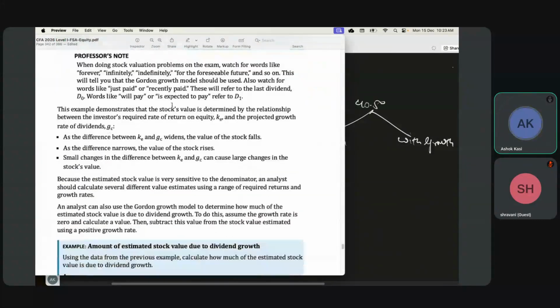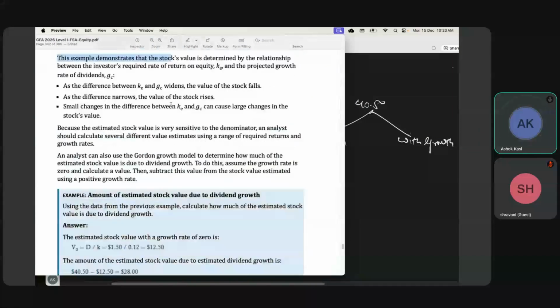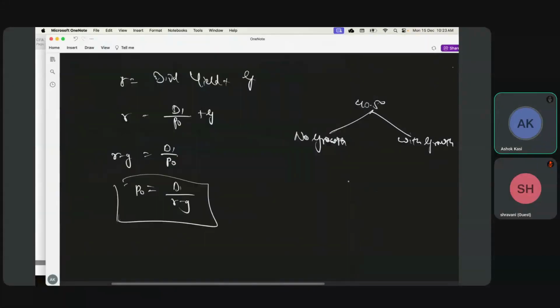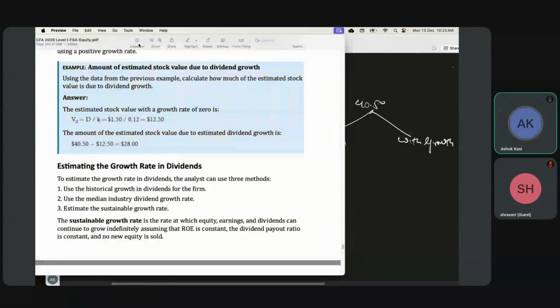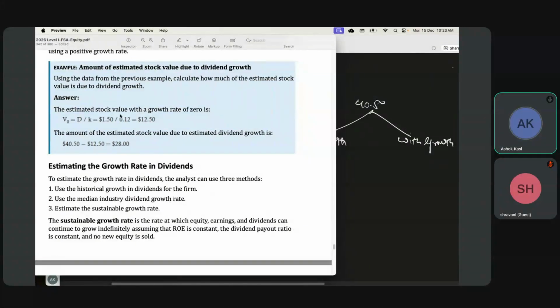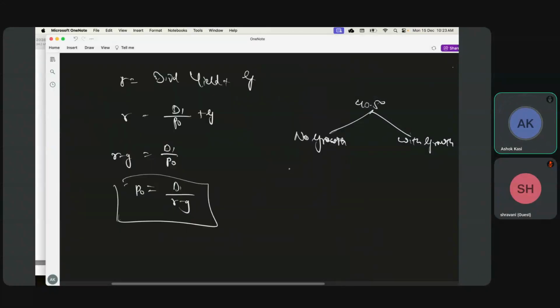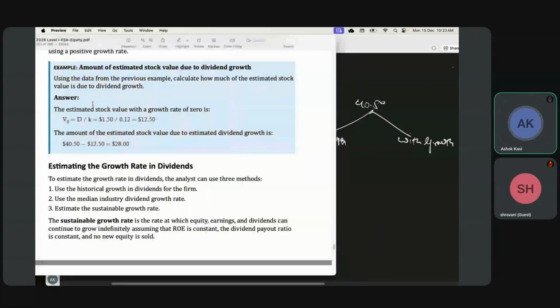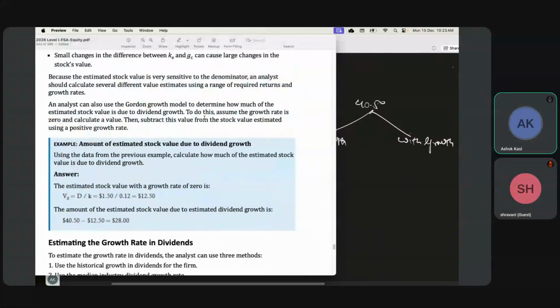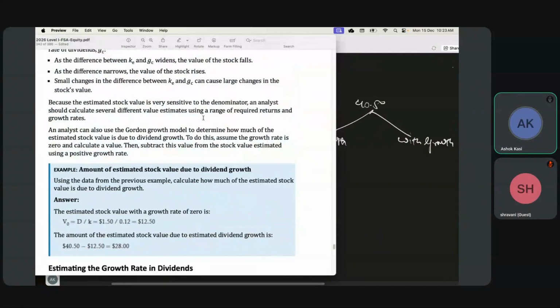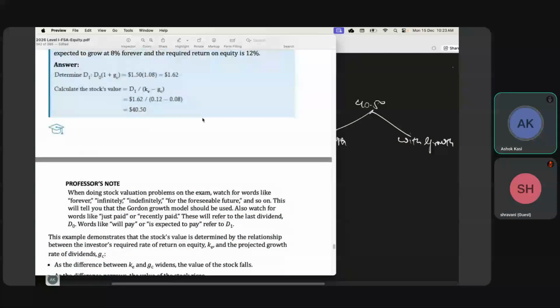If there is no growth, initial dividend was 1.50, no?